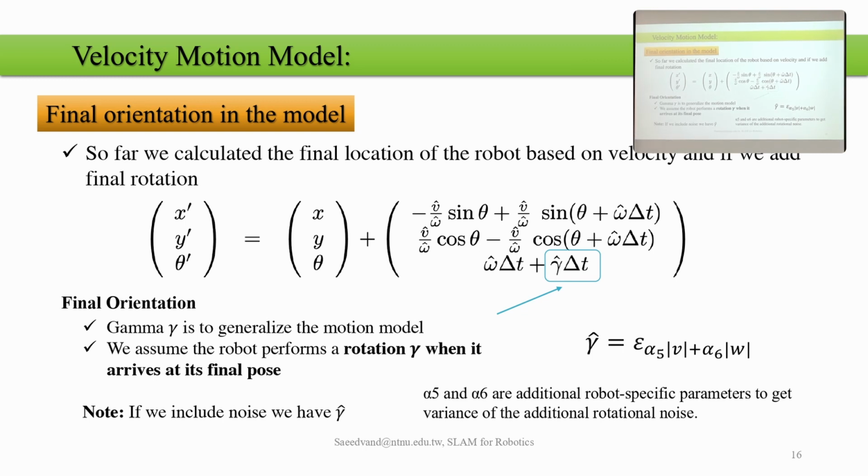And of course, that final rotation again may have error, and that error can also be included by epsilon alpha 5 and alpha 6. We had alpha 1, alpha 2 for these two, alpha 3, alpha 4 for the second one, and now for gamma, alpha 5 and alpha 6, because they are different values that we can adjust for the final error on the rotation of the robot, and the final pose.